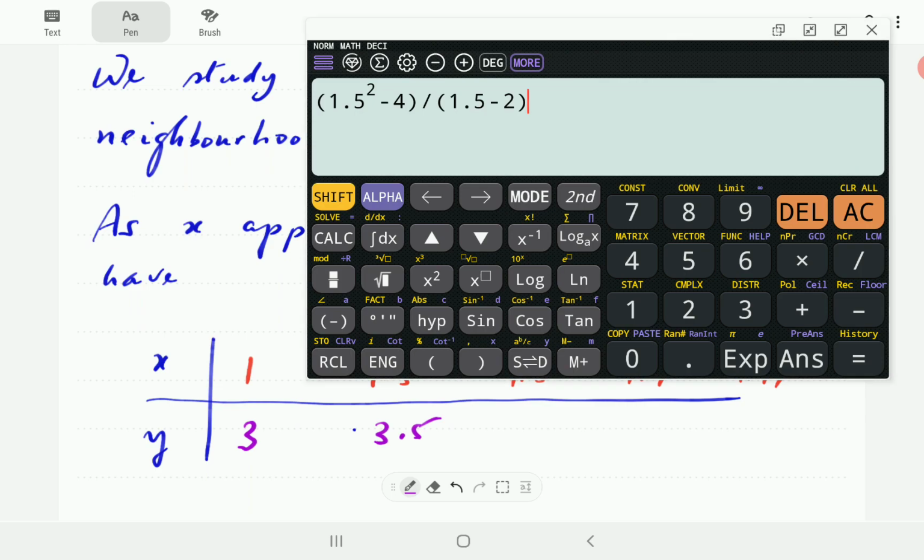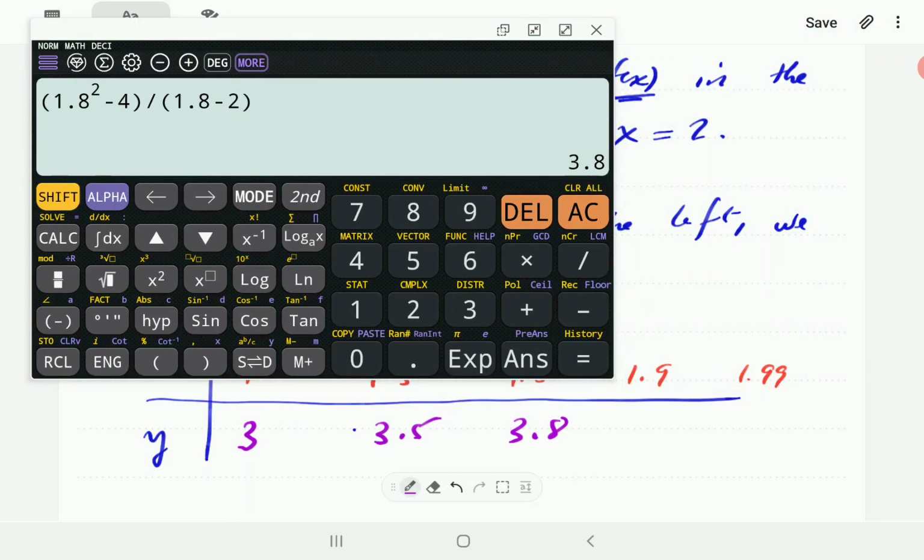Then I'm going to replace this by 1.8, so 1.8 here and 1.8 there. And this goes up to 3.8. Then let's go to x equals 1.9.